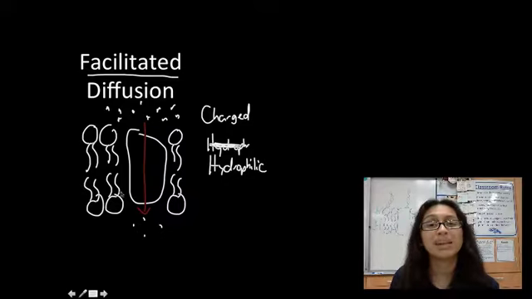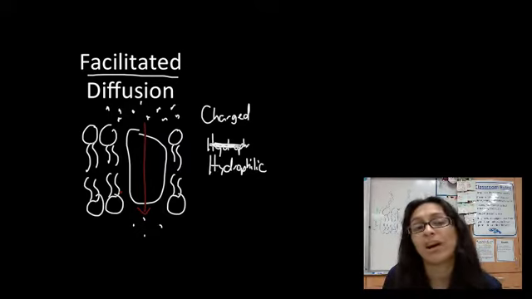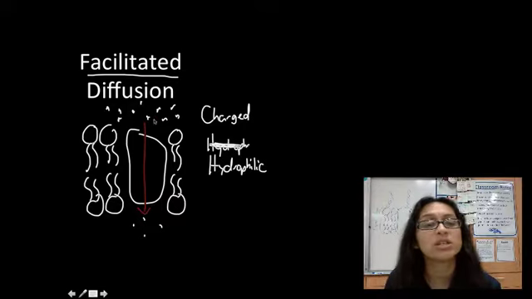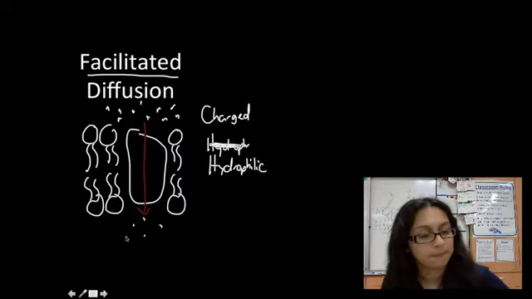So you can think of them like a tunnel or a gate that is going to control the ability of these molecules to go across into or out of the cell. So in facilitated diffusion, molecules move from high concentration to low concentration, but they have to go through a protein instead. That's the difference between this and simple diffusion. And again, simple diffusion, those molecules are hydrophobic. Here, charged and hydrophilic molecules have to go through a protein to get in or out of the cell.